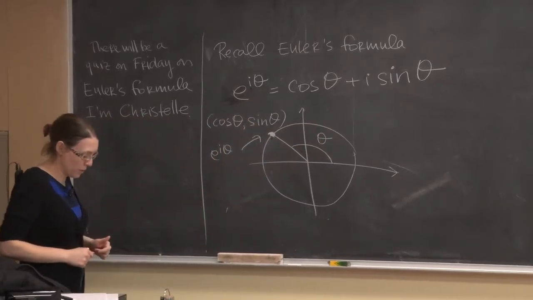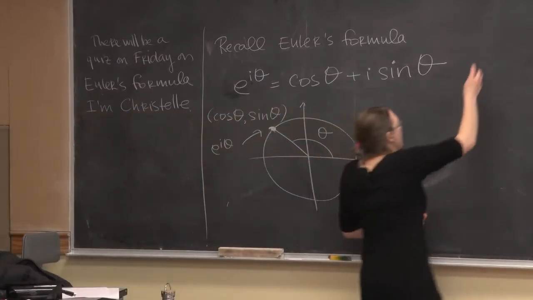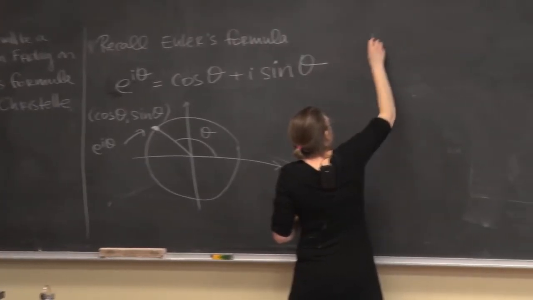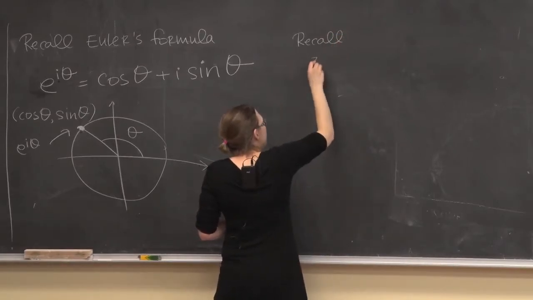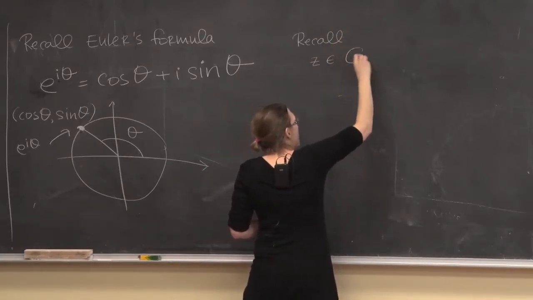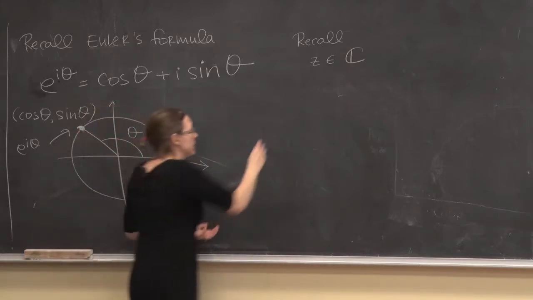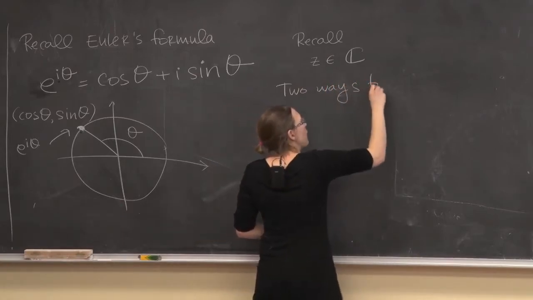Okay, so that's the formula. And how I'm going to use it for now is, well, first I'm going to recall: if I have z, a complex number, there are two ways I'm going to want to think about it, two ways to write it.